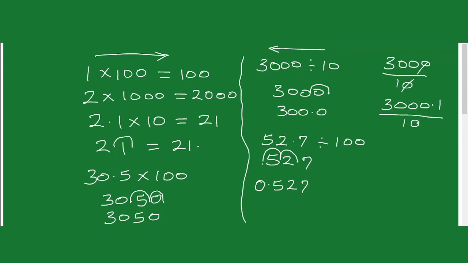So what you will need to do is to move your point from here to here, and you will get 300.01, because when you move your point once to land here, you will have 300.01.